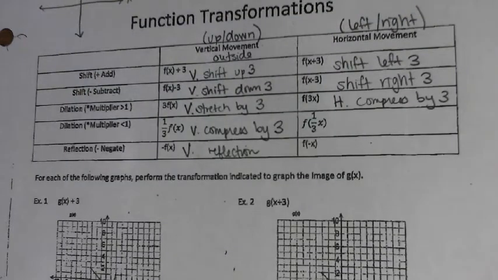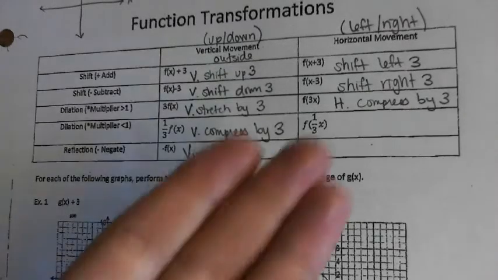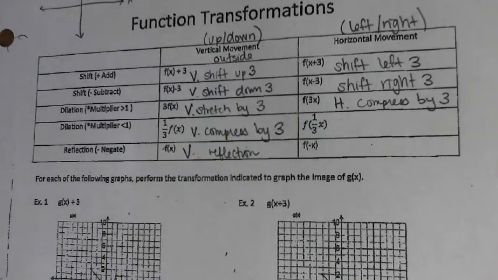Obviously, if you're using terms like left and right, saying horizontal is a little bit redundant, right? Left and right kind of already means that. But with a compression, you definitely have to say horizontal or vertical. And then likewise, when you're multiplying by 1/3, you would think multiplying by a fraction like that would compress it, but it's horizontal, so it actually stretches it.